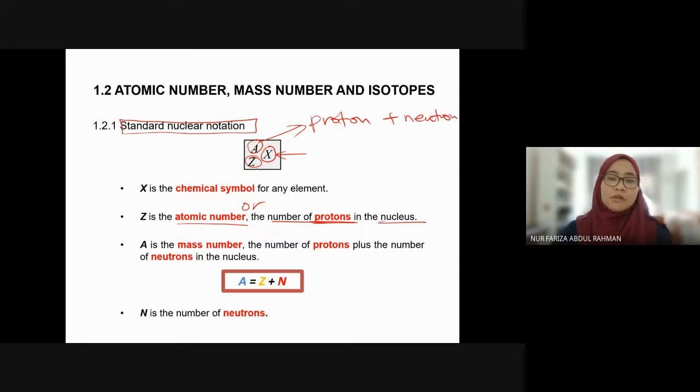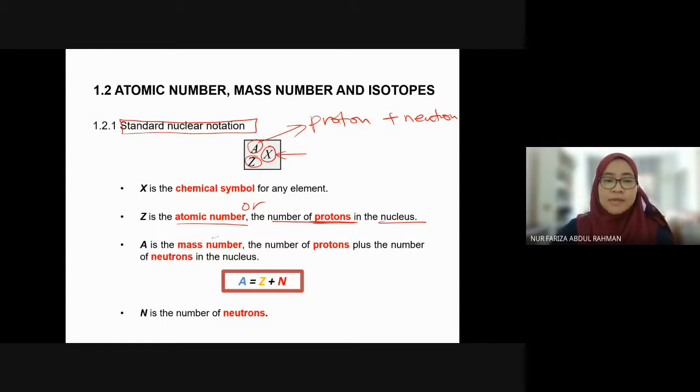Why is it called mass number? Because the mass of the atom is mostly contributed from the nucleus. For your information, electron is the lightest particle compared to proton and neutron. So the major contribution of the mass for that atom comes from the nucleus.